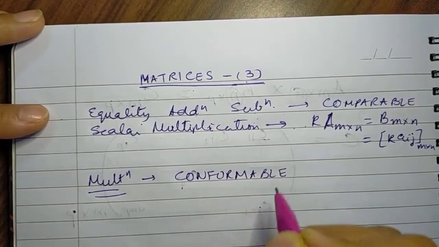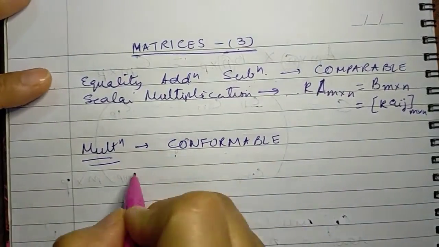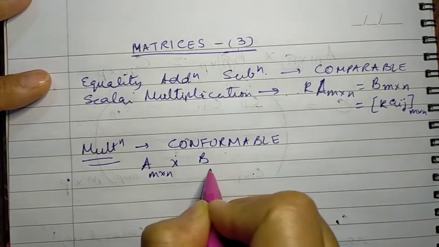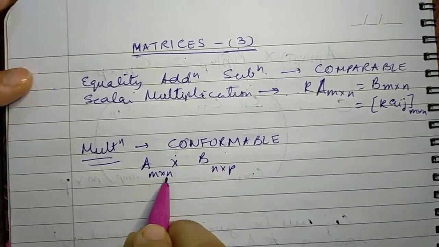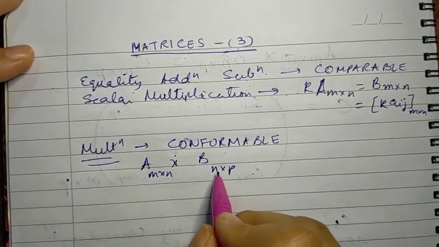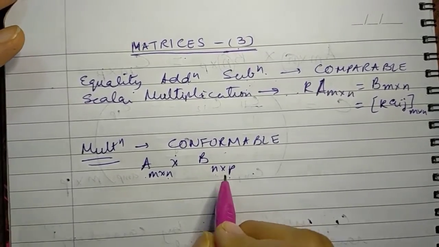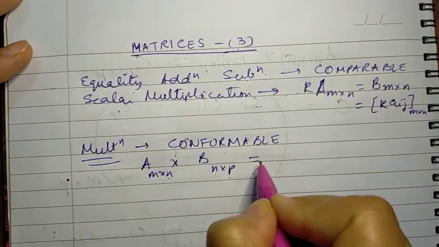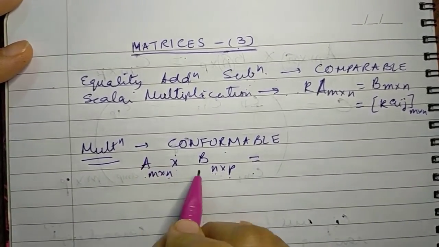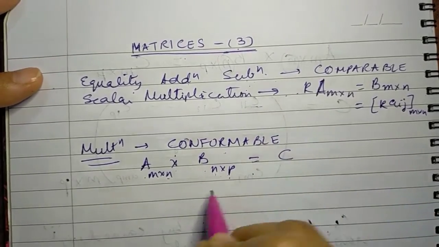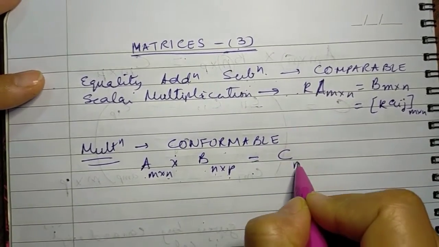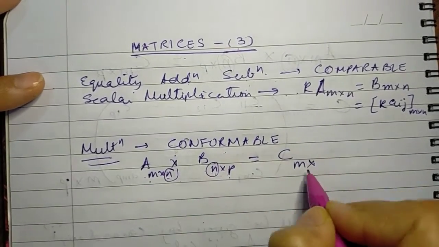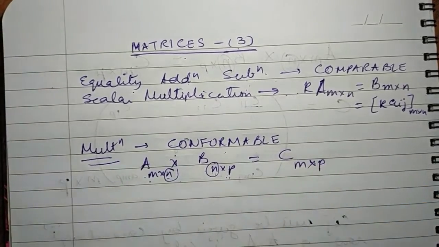And what we mean by conformable is that if you have two matrices A and B, the number of columns of A should be equal to the number of rows of B. Only then we say that they are conformable for multiplication, and then we get back another matrix which has the same number of rows as A and the same number of columns as B.